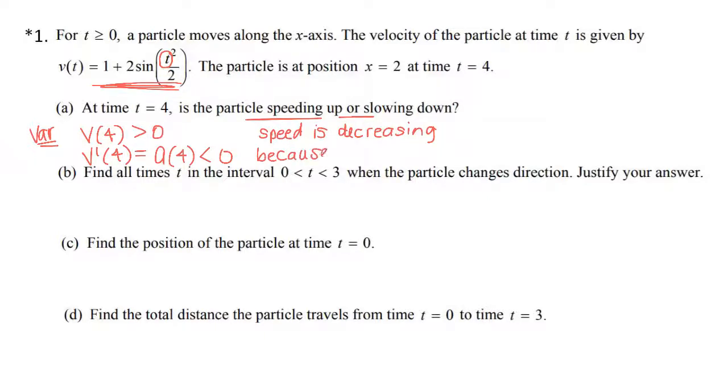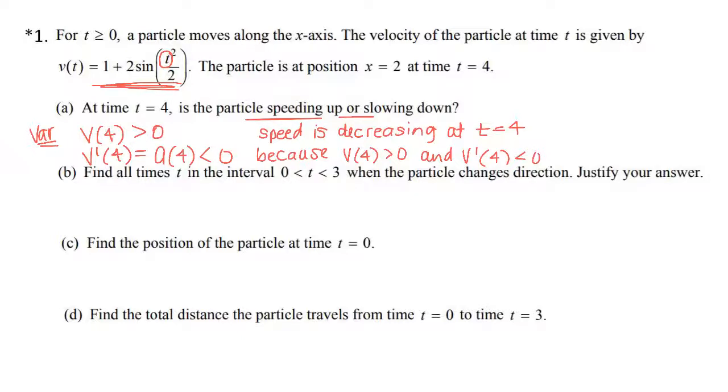All you have to do is say, because you know that at V at 4, we were positive. And then what else? V prime at 4 was less than 0. And maybe up here where it says speed is decreasing, maybe we need to say at t equals 4. That would be a little bit better of a statement. That way we've really pinpointed.